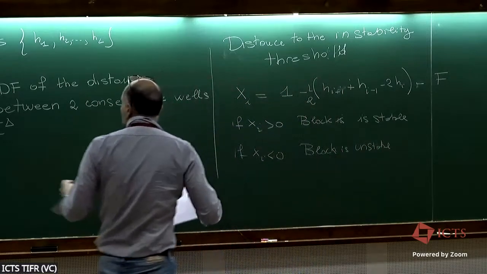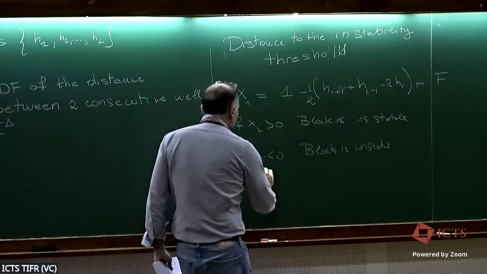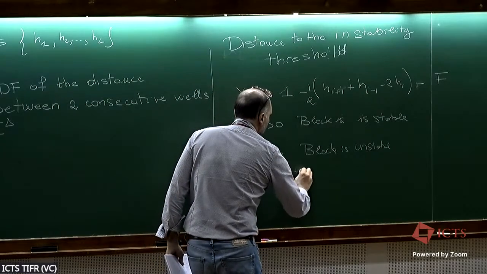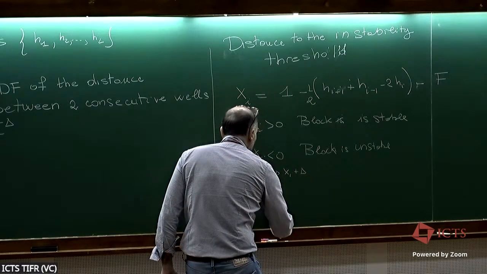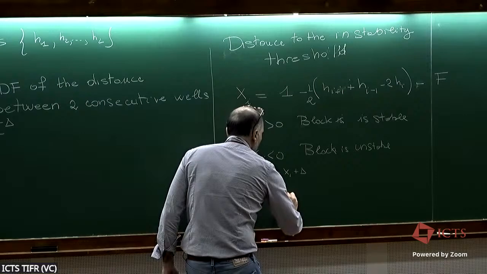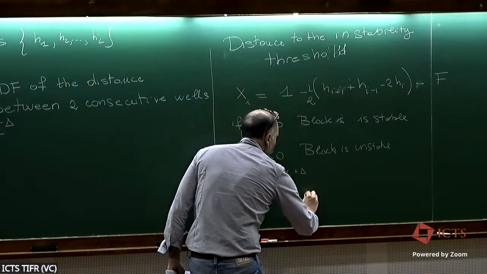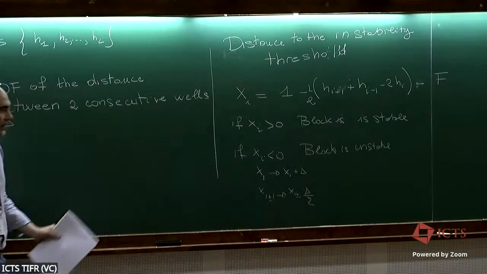What happens is that this block will move here, and this changes xi. And this also changes the two neighbors, which become more unstable. And this can propagate in an avalanche.